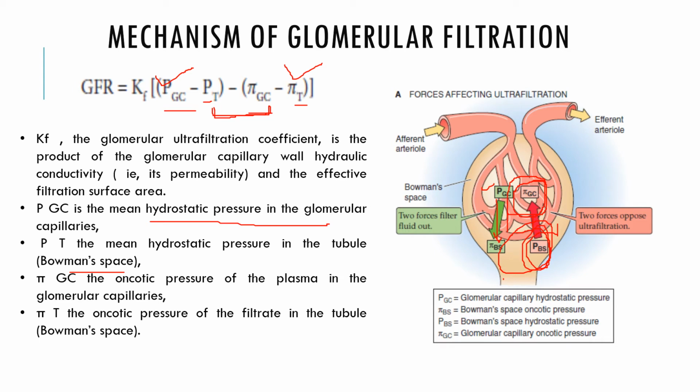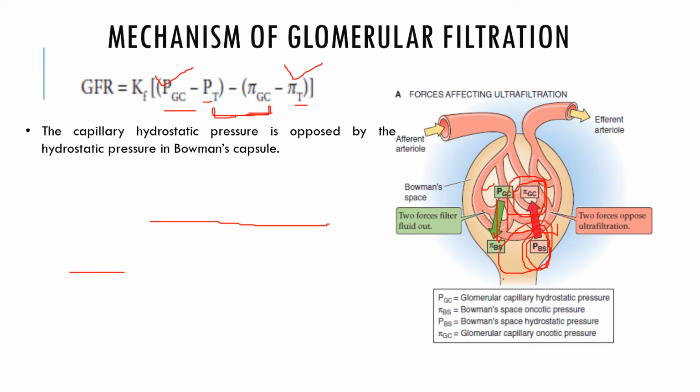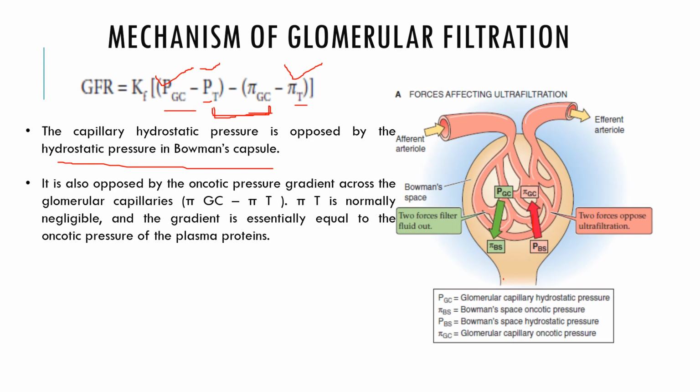It is helping in the formation of filtrate. So the capillary hydrostatic pressure, PGC, is opposed by the hydrostatic pressure in the Bowman's capsule, and it is also opposed by the oncotic pressure gradient across the glomerular capillary, that is PGC minus pi t.